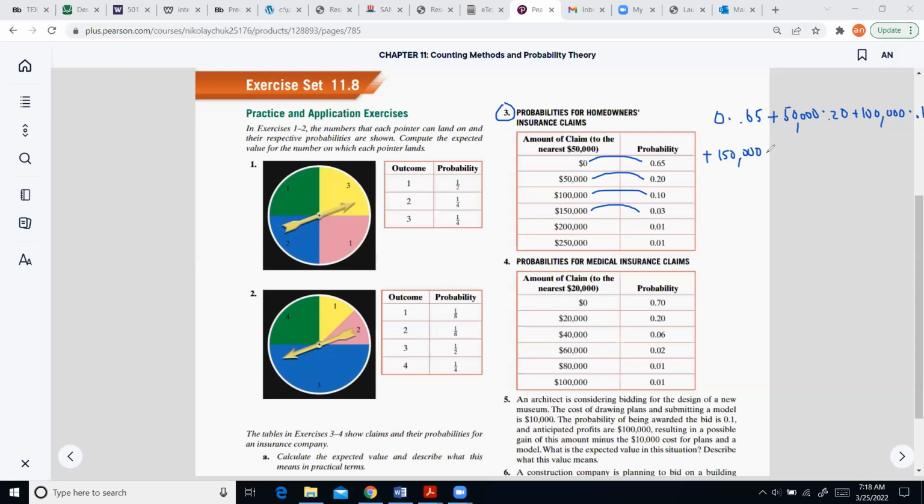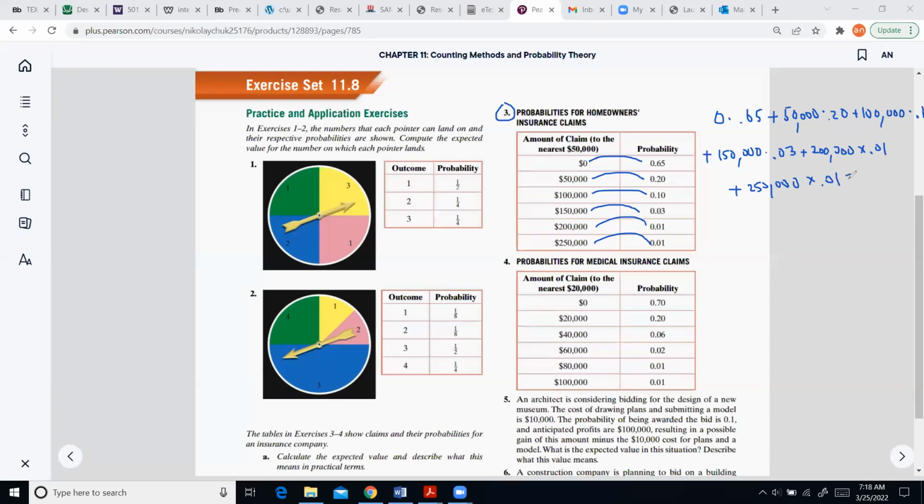And they pay this with a probability of 0.033. Then they also pay 200,000. Wow, that's a lot. And the chances of that are pretty low. It's like 0.01, right? And again, 250,000 they pay, with a very small probability.